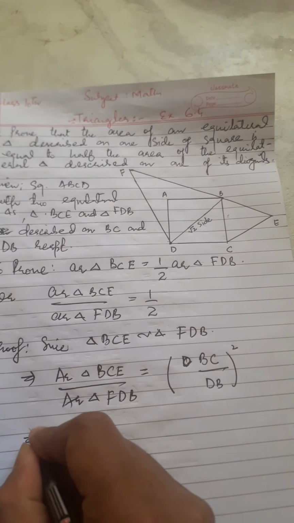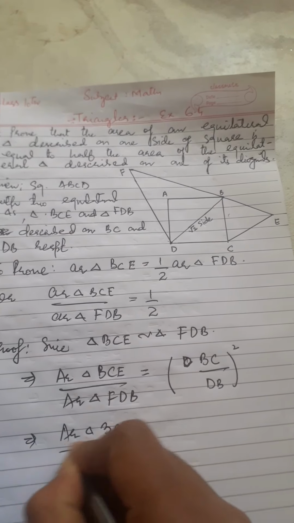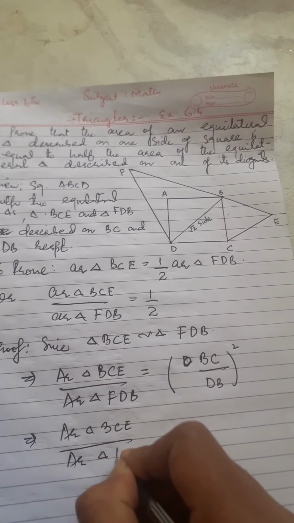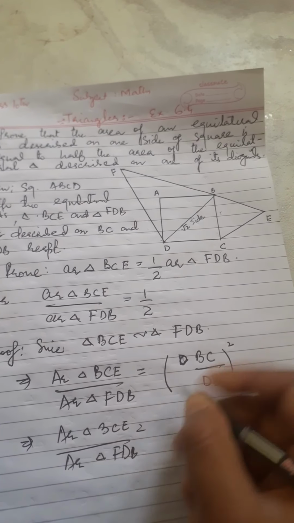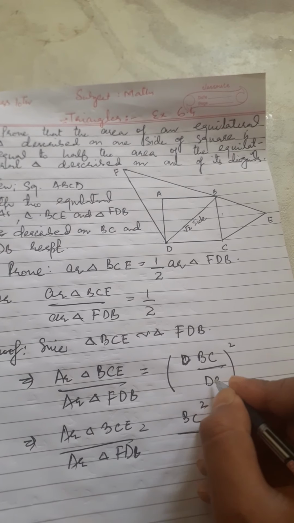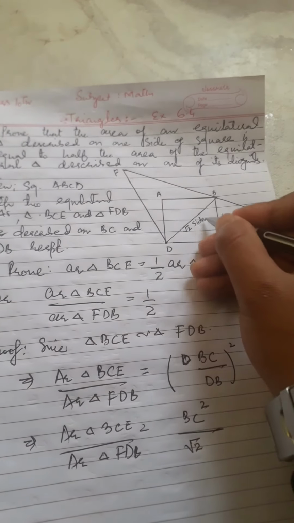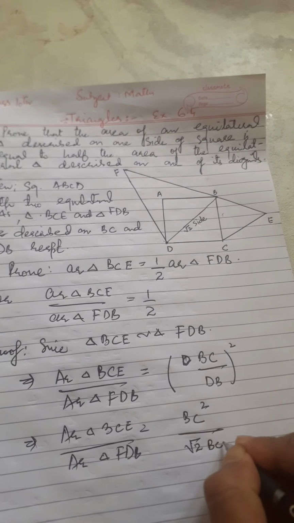This implies area of triangle BCE over area of triangle FDB will be equal to BC square upon DB square. What is DB here? That is root 2 times the side, which is BC.